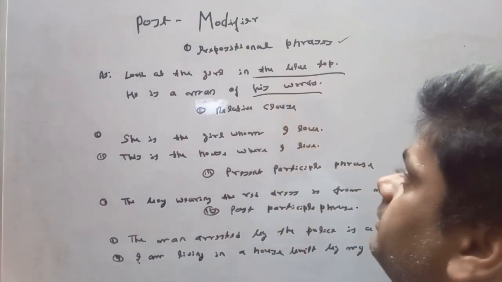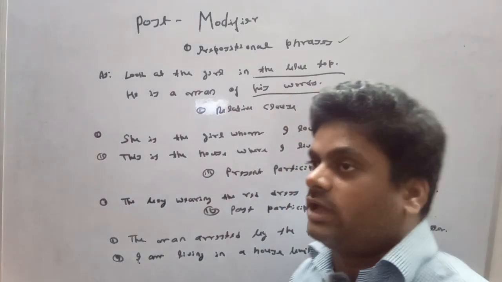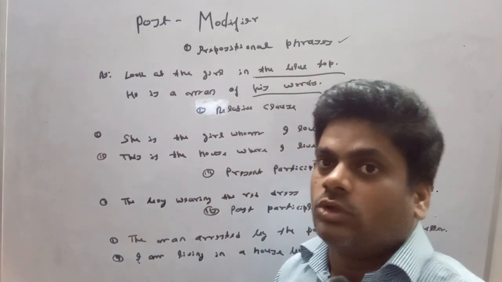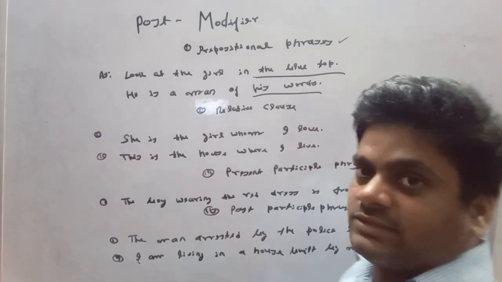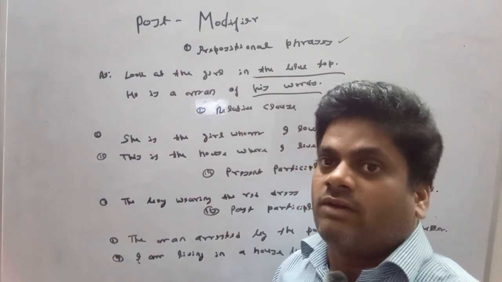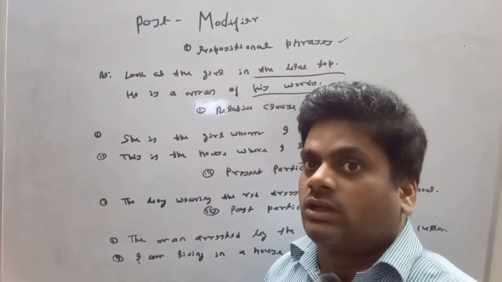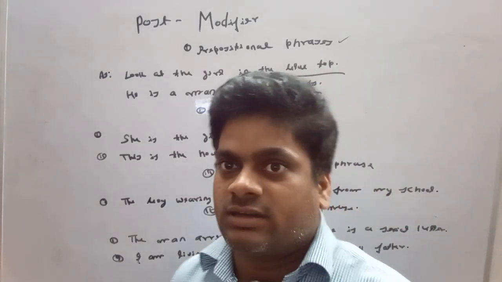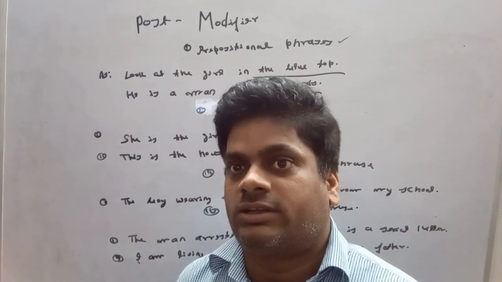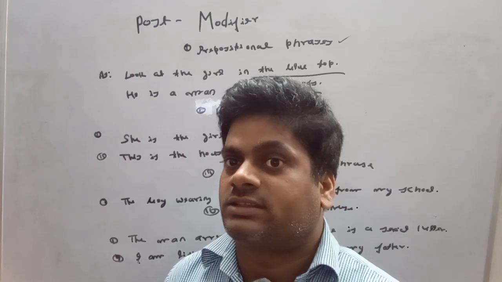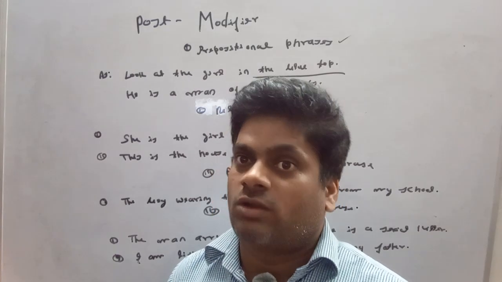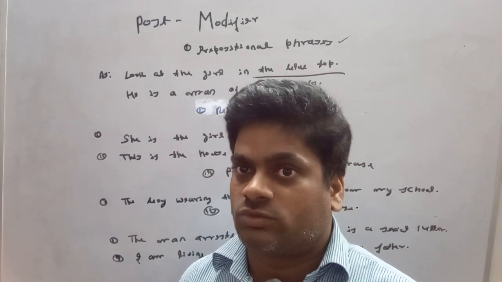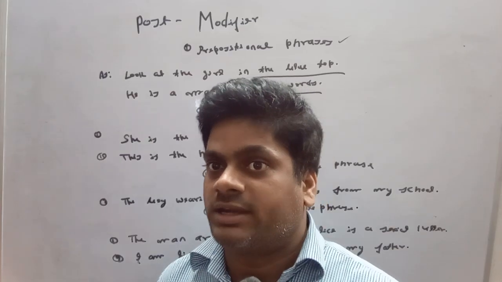Relative clauses. As we have already told you, there are differences between a phrase and a clause. A phrase is supposed to have neither its own subject nor its predicate, but a clause is supposed to have its own subject and its own predicate.